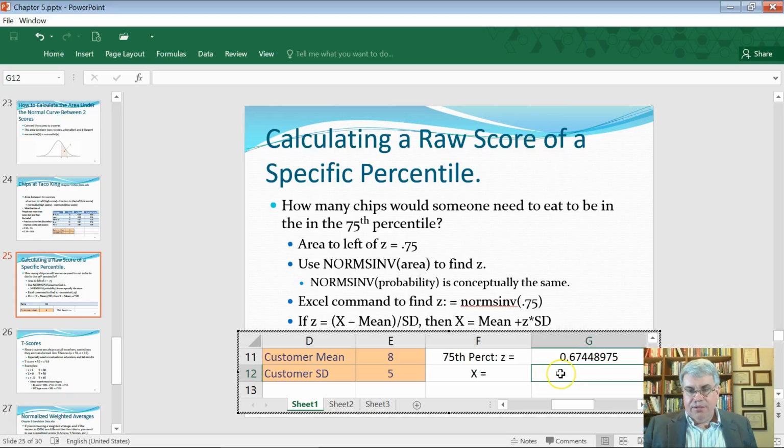So for us, it's going to equal, now I could put the cells in here. I could put E11 for the mean, but I'm just going to put 8, make it a little simple.